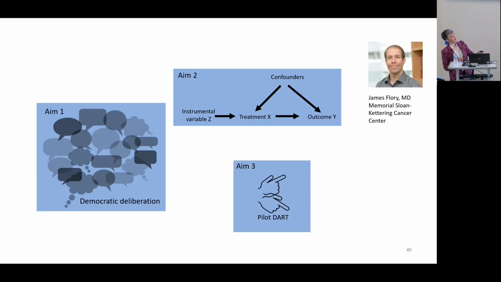Just quickly, for this project, we've built that into the grant. This is a methodology grant with PCORI. So aim 1 is we're actually going to sit down with groups of patients, groups of IRB members, and groups of clinicians, and do democratic deliberation sessions. These are not focus groups where I am asking you for your opinion on something.